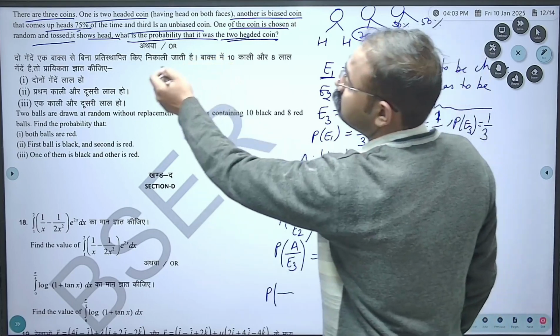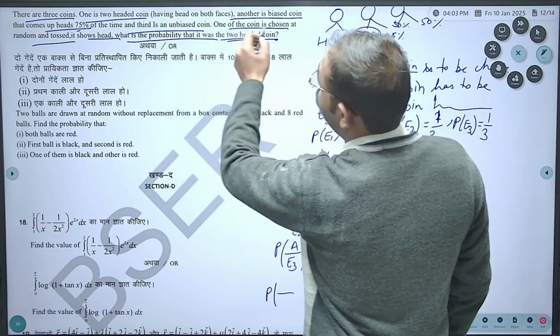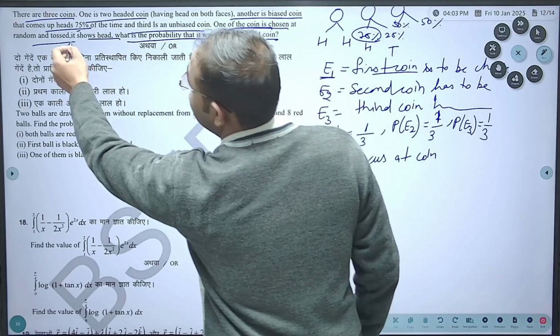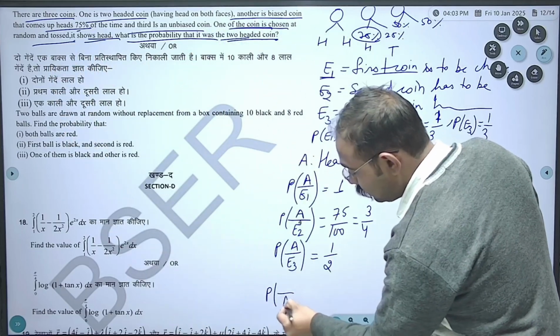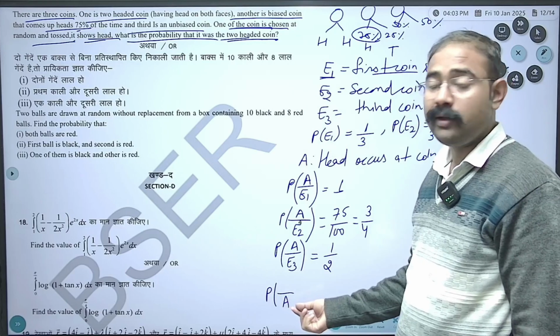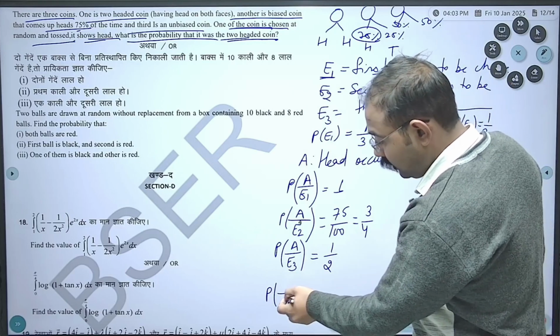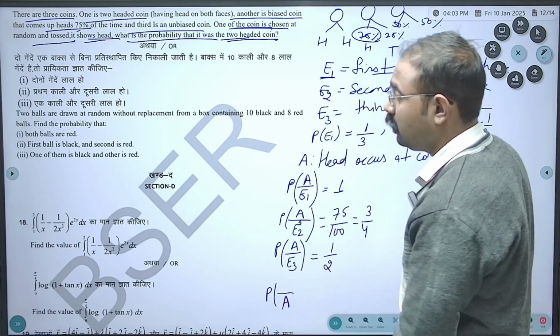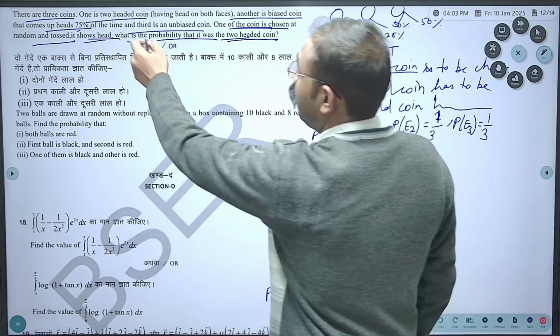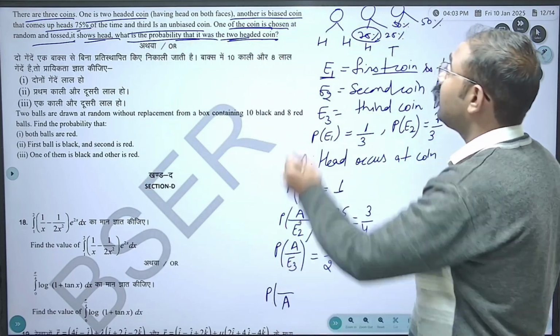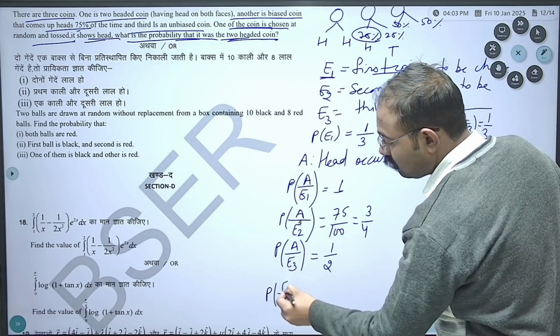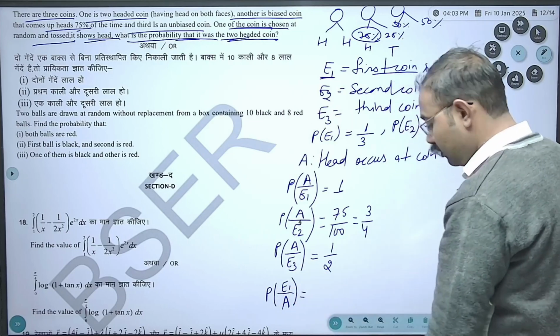One of the coins is chosen at random and tossed, it shows head, means head occurs on that coin, which we know already comes in the denominator. Now what is the probability that it was the two-headed coin? The two-headed coin was the first coin. So we have to find P(E1 given A).